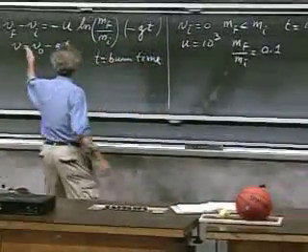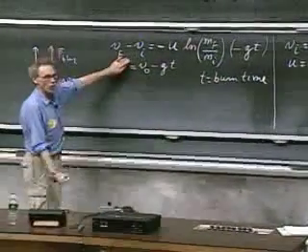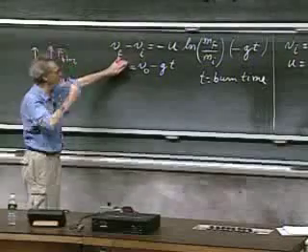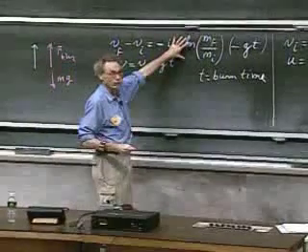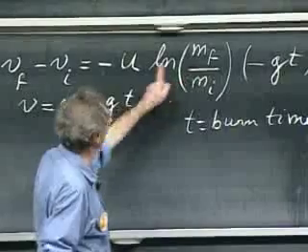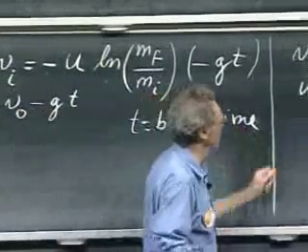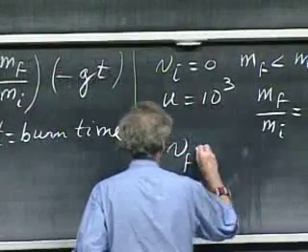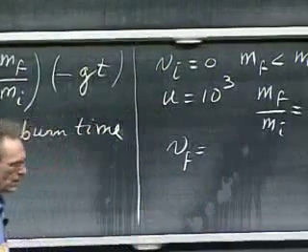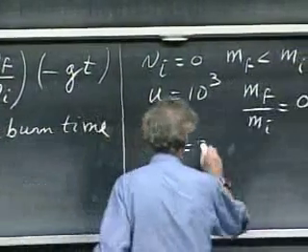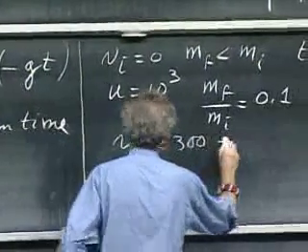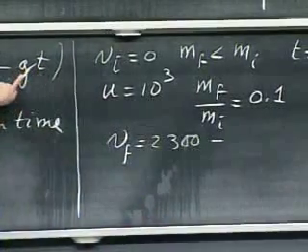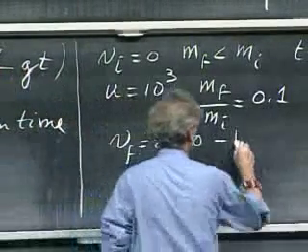Now we can calculate, if this was a launch from Earth, a vertical launch up, how large this term is. Take the logarithm of this value, multiply it by minus u, and we find that for the final velocity, the first term is 2300, and the second term, 100 seconds times 10, is minus 1000.